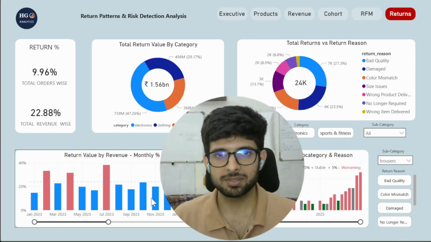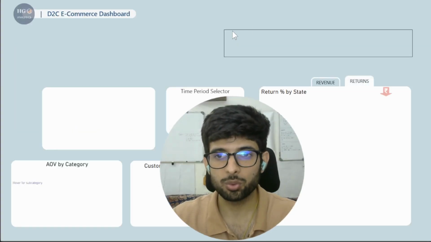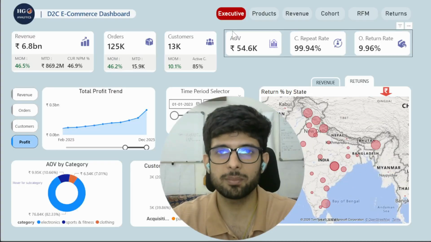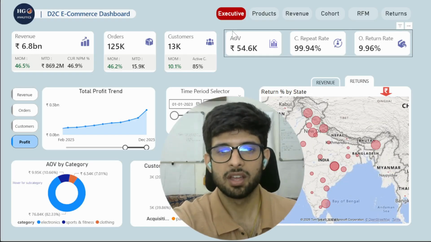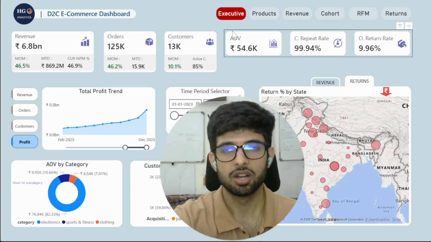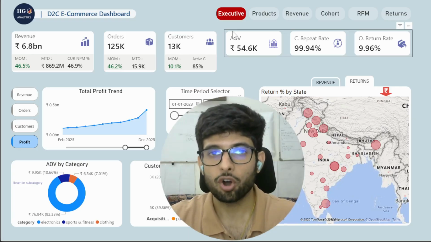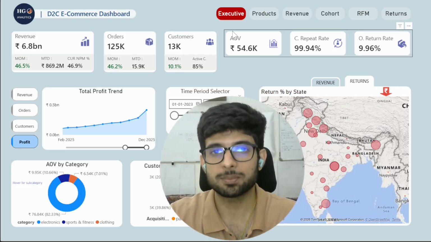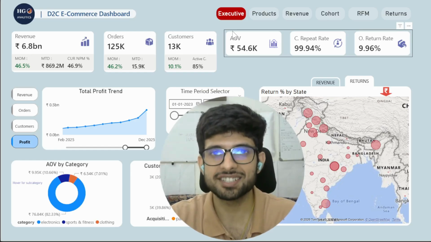Six tabs, one pipeline: executive health check, products profitability, revenue acceleration, cohort analysis, customer retention, RFM segment analysis and strategy, and return risk detection. All connected, all interactive, all telling different aspects of the business story. This isn't just a dashboard, it's a decision making system.